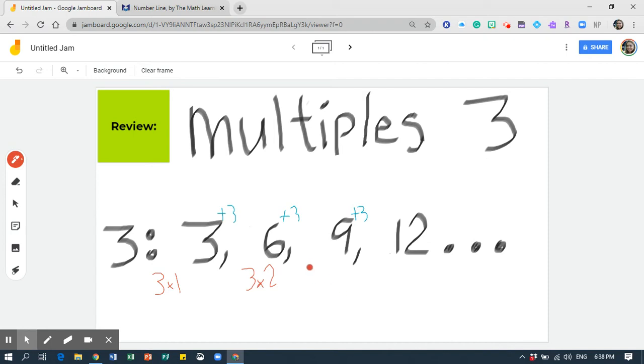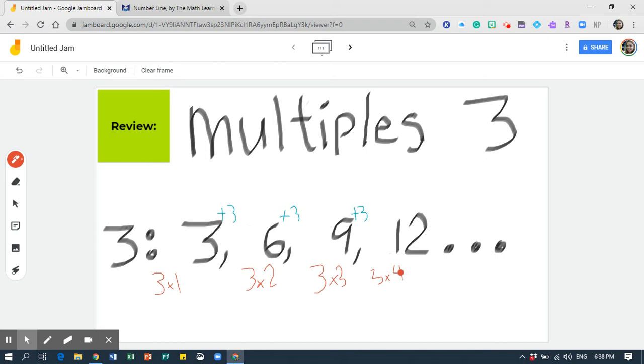To find our third multiple, we multiplied 3 times 3, and that gives us 9. To find our fourth multiple, 3 times 4, and that gives us 12. So we learned how to find multiples of whole numbers by using repeated addition or by using multiplication.